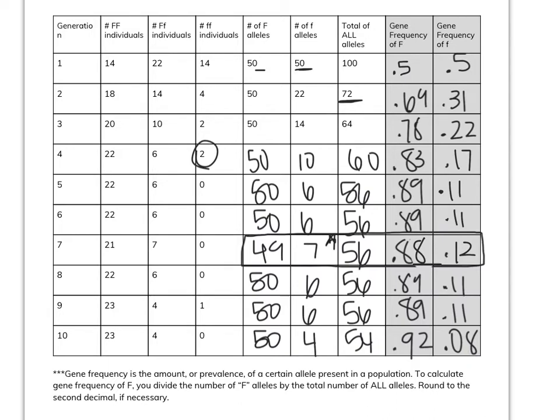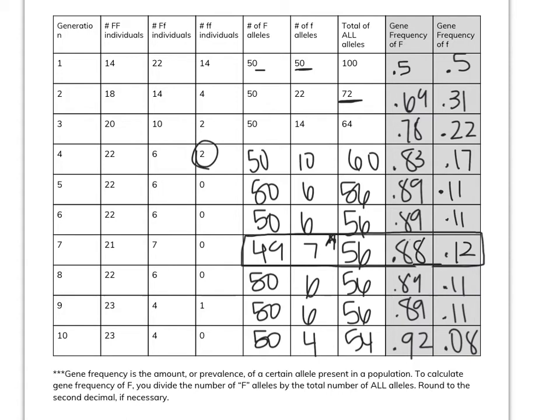But I did put a box around generation 7 because I'm not going to include it in our graph, because something clearly went wrong. That's on me. I probably just counted a white bean instead of a black bean or something. I don't know what I did.